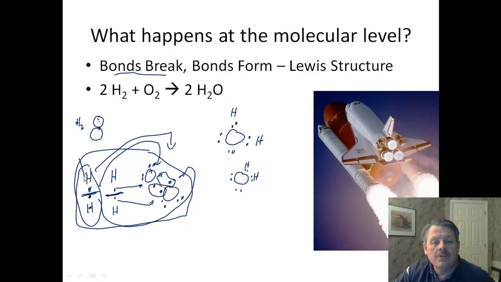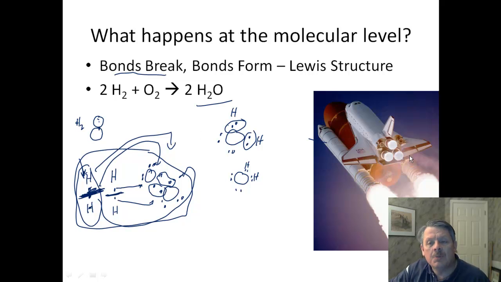Because hydrogen's already happy like this. So all of a sudden we have to break these bonds between these 2 hydrogens, between the 2 electrons of those 2 hydrogens, and that takes energy. But then it says, oh, I can reform with oxygen, and that's cool, and I'm really happy when I do that. So bonds forming is going to release some energy for us.